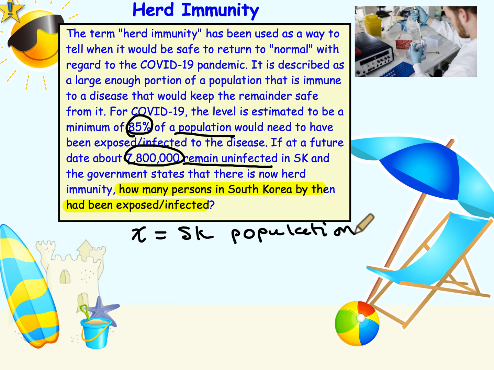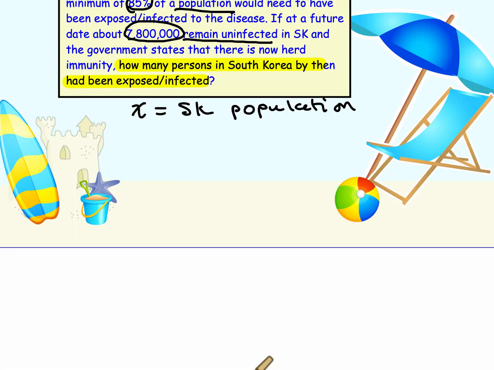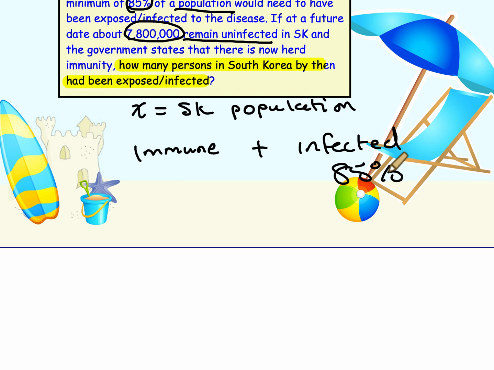Okay, so what we know is that there are two parts to our population, and we're going to do this in a little bit of a picture. There are the people who are immune, and the people who are infected. The infected people represent the 85%, so they are our herd immune.